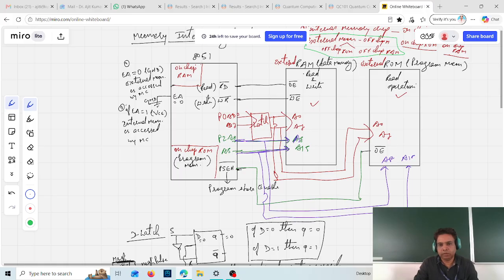This is how this external RAM and ROMs are interfaced. So having understood this connection, now we are in a situation to understand a few numerical examples.